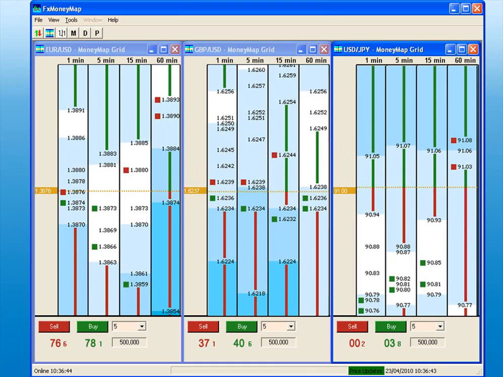Once again, it's euro dollar, sterling dollar, and dollar yen. So tell me, which of these 3 grids can you spot the pattern that we've just been discussing in the previous 2 examples?